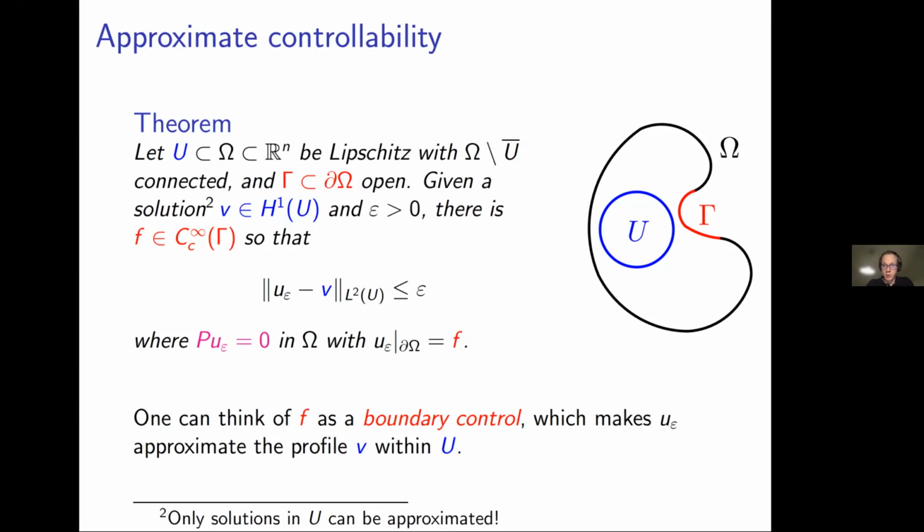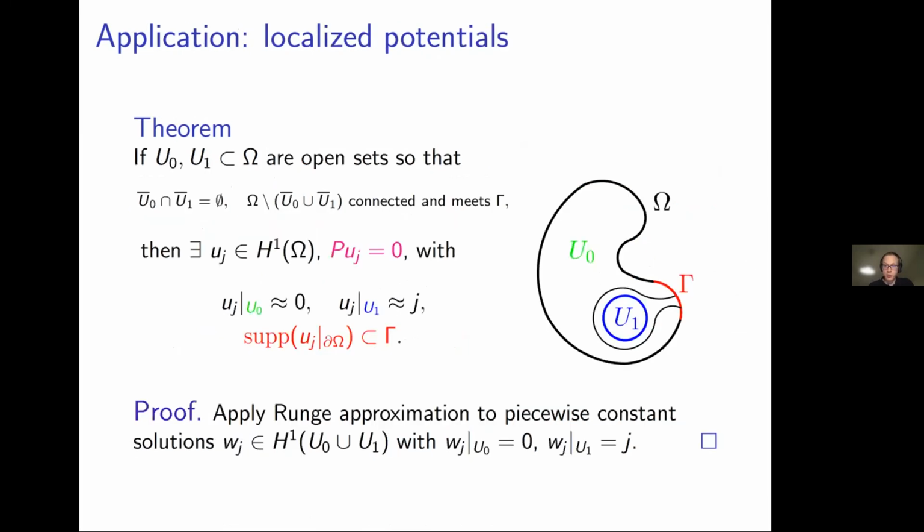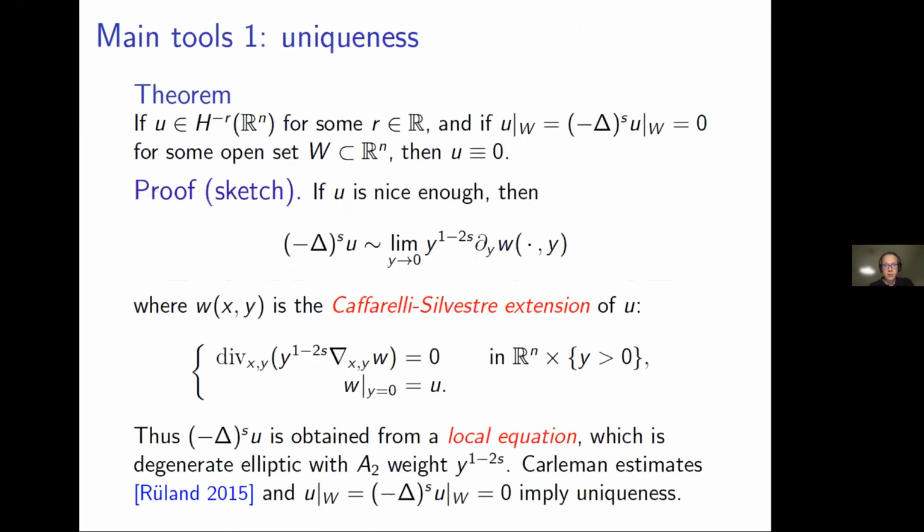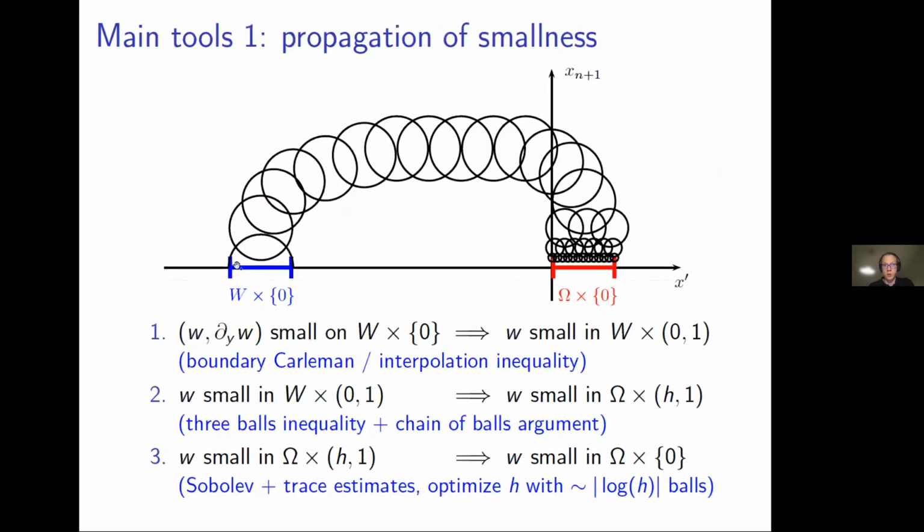You can do that by making everything in the proof quantitative. So we use this approximate controllability. You can think that if you have a quantitative approximate controllability result, which you can get if you have a quantitative uniqueness result, which we actually did with Ryland. There was this picture: if the Cauchy data is small here, then we propagate the smallness to say that the function also has to be small here.